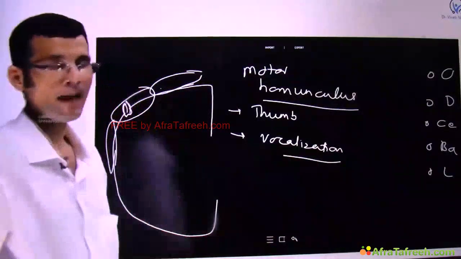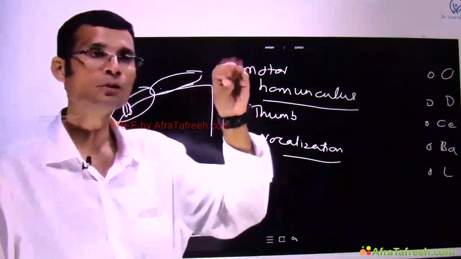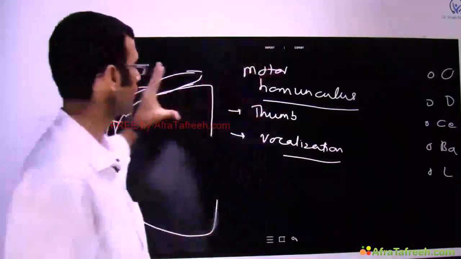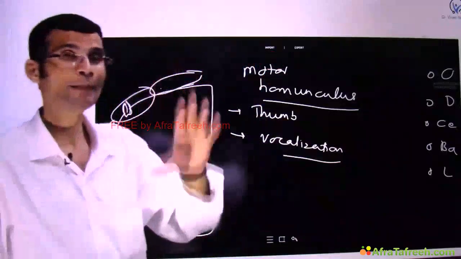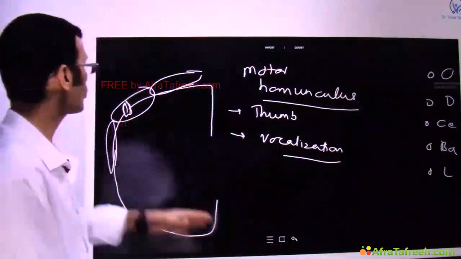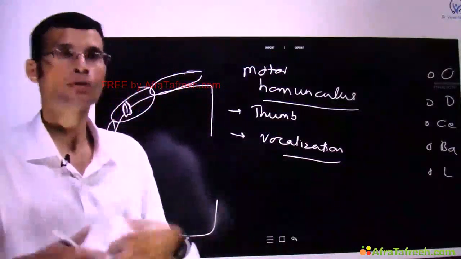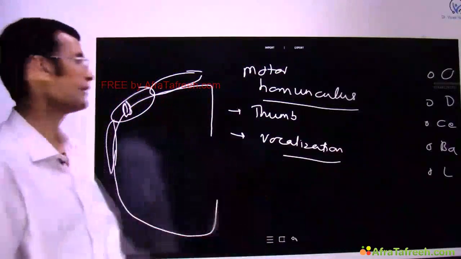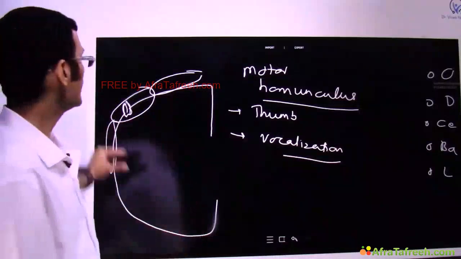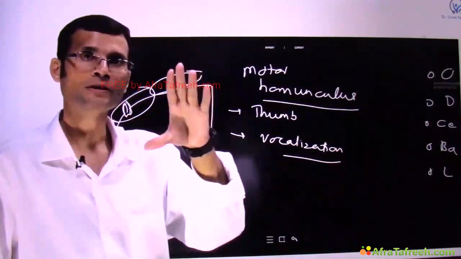If you see those maps, in the sensory homunculus, the mouth is shown to be closed and lips are swollen. Lips are shown to be swollen, meaning lips are occupying a large area. They want to show that lips are occupying a large area in the sensory cortex. So lips are more sensitive, lips and face. And if you see in the motor cortex, they show lips are normal size and mouth is open.